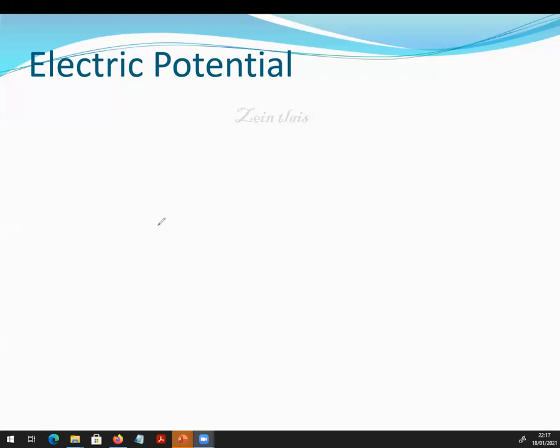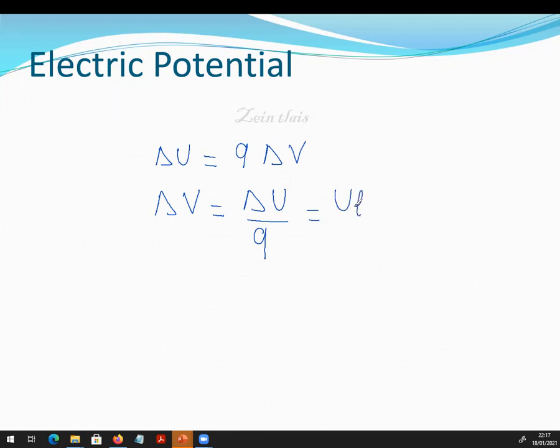So we can summarize here that delta U equals Q delta V. So delta V equals delta U divided by Q, equals U final over Q minus U initial over Q.